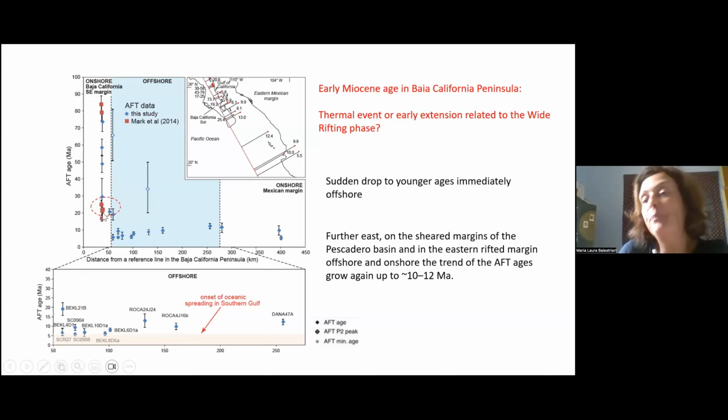And how can we interpret these ages? In the paper of Mark et al., they are interpreted as a local thermal event affecting samples coming from the Cretaceous batholith.